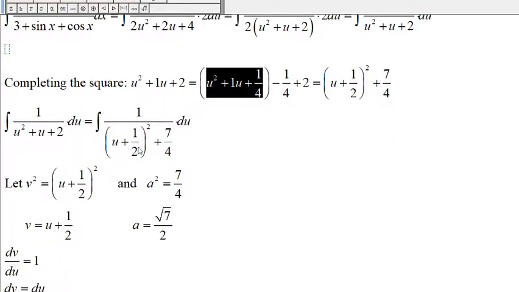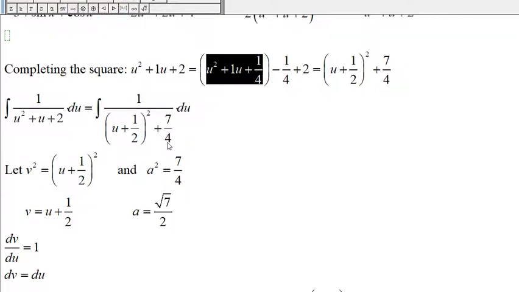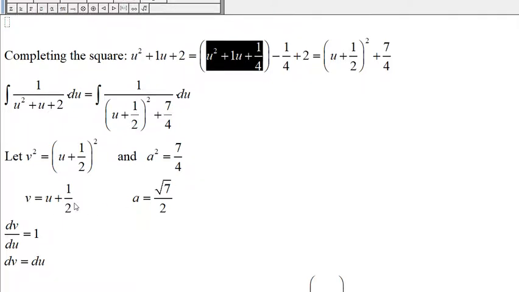This has the form of 1 over u squared plus a squared. So let v squared be u plus 1/2 squared, and let a squared be 7/4. So v will be u plus 1/2, and a will be the square root of 7 over 2.